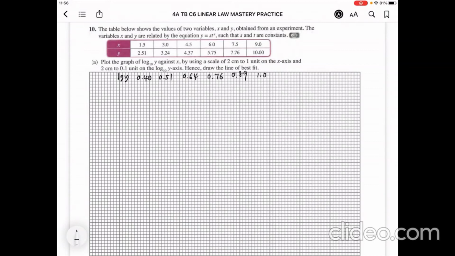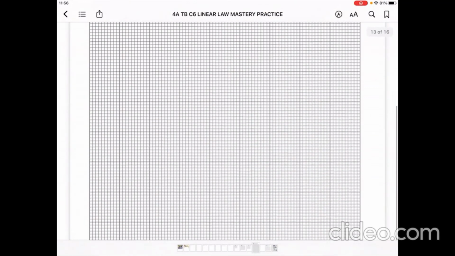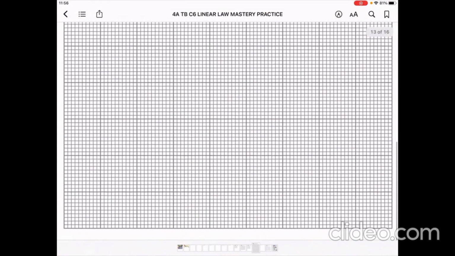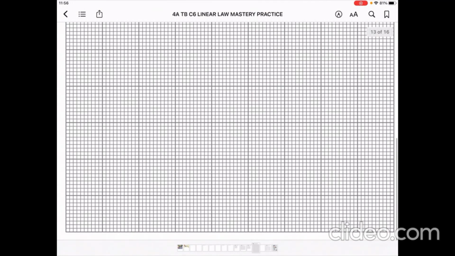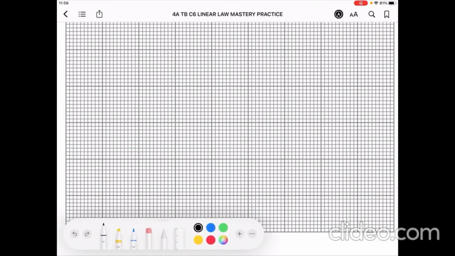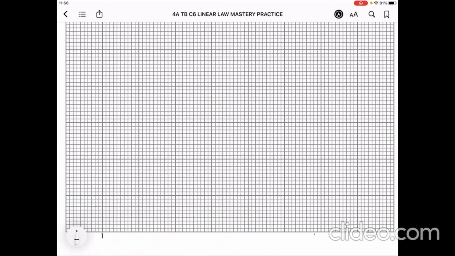So my horizontal axis, the scale is 2 cm to 1 unit. So let's just move this up. 2 cm to 1 unit means this will be 1, 2, 3, 4, 5, 6, 7, 8.